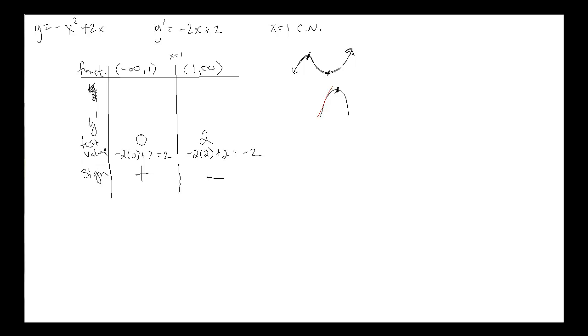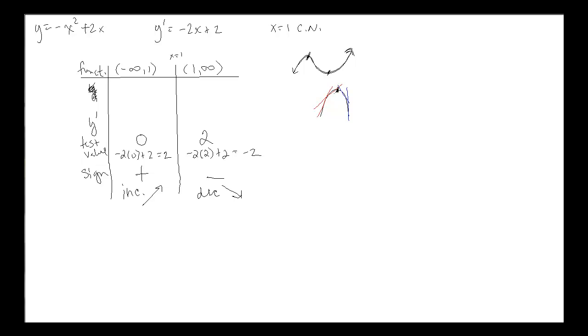All right, so remember that we've got, in this case, positive slopes of tangent lines to the left, and I've got negative slopes of tangent lines to the right. So that tells me two things. This is increasing to the left of 1, and it is decreasing to the right of 1. I'm getting that from the sign of the derivative.